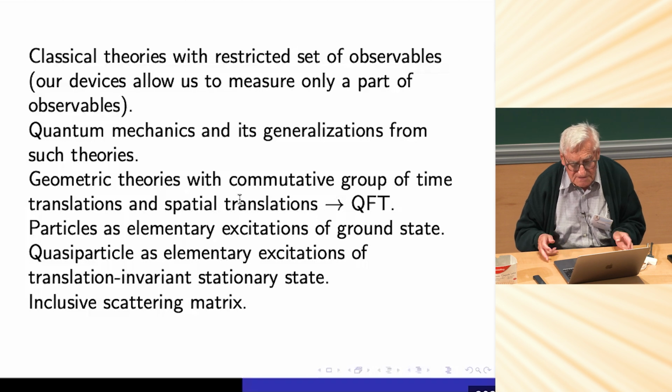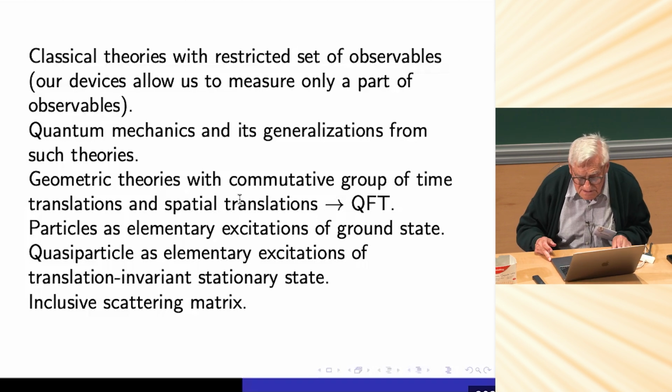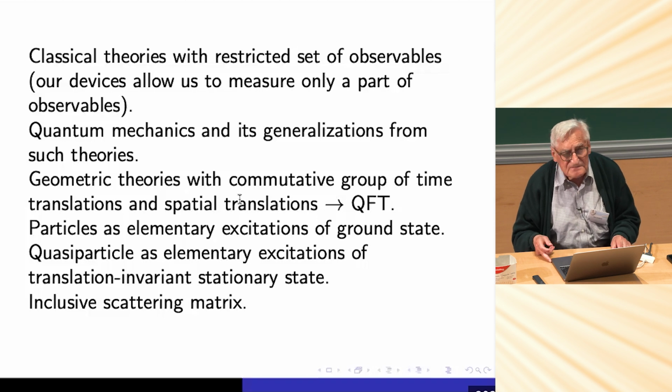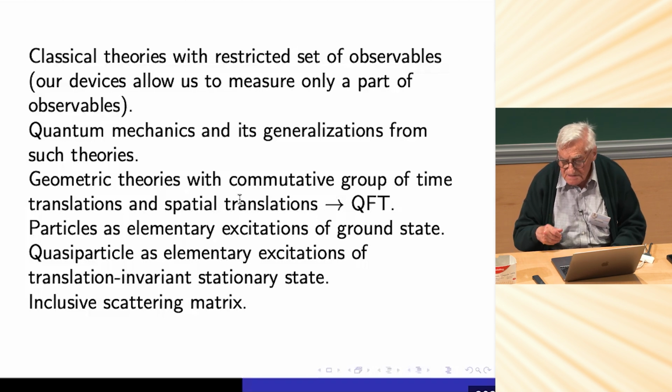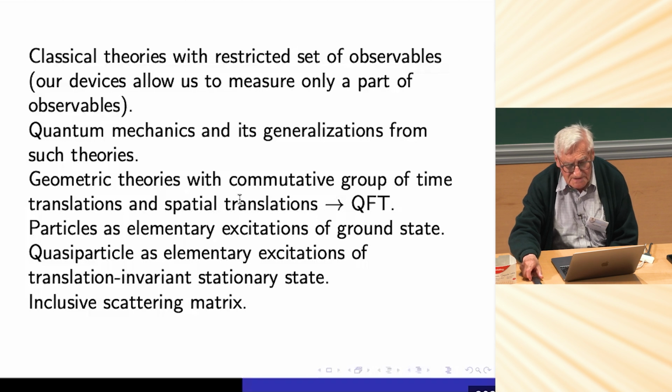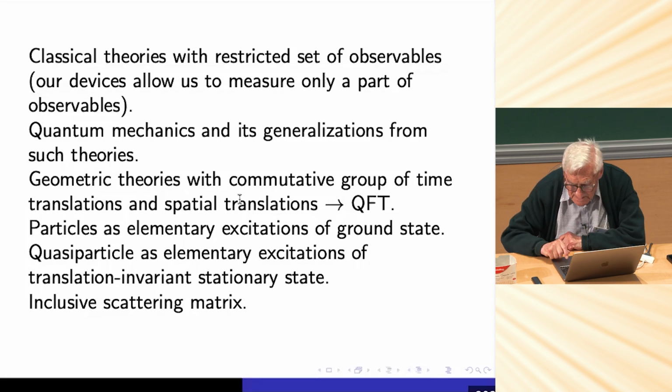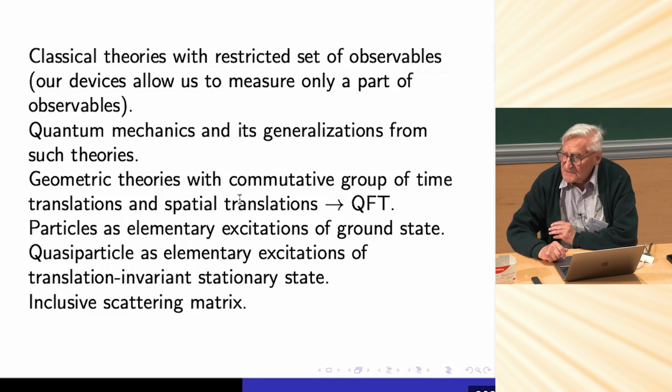But the inclusive scattering matrix, I believe, is interesting without reference to the geometric approach. And this will be the main object that I will consider in this talk. First of all, I will not give a definition of the inclusive scattering matrix now.